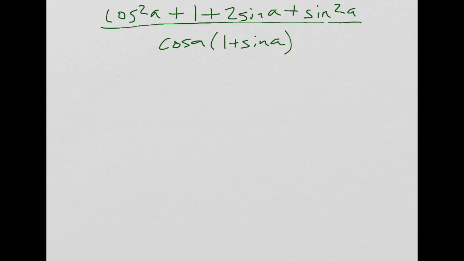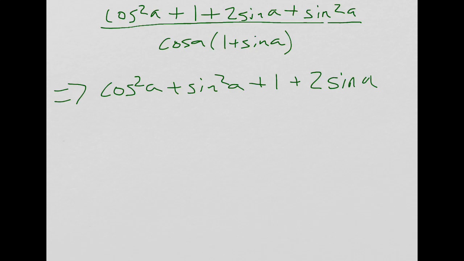Right, I can rewrite this so I can group the cosine squared and the sine squared together. So if I wrote the top again, it would be cosine squared A plus sine squared A plus 1 plus 2 sine.